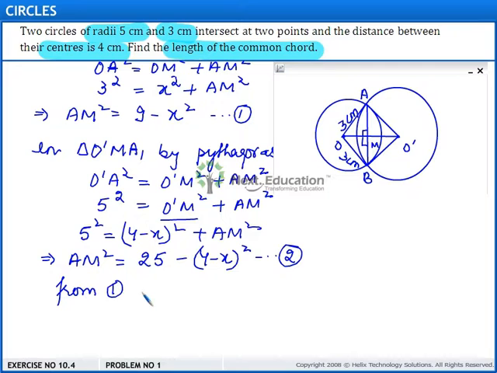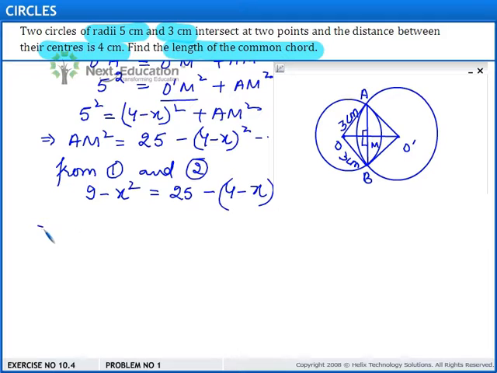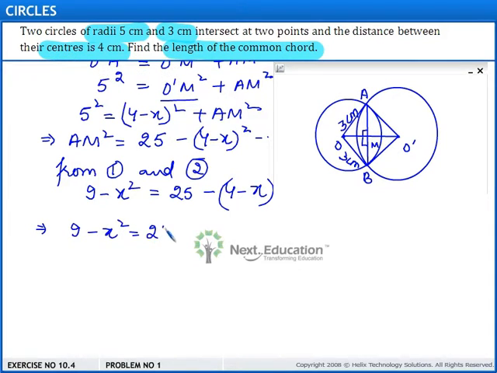Now, from equation 1 and 2, since the left hand sides are equal, the right hand sides are also equal. That is 9 minus x square is equal to 25 minus 4 minus x whole square. This further implies that 9 minus x square is equal to 25 minus 16 minus 8x plus x square.